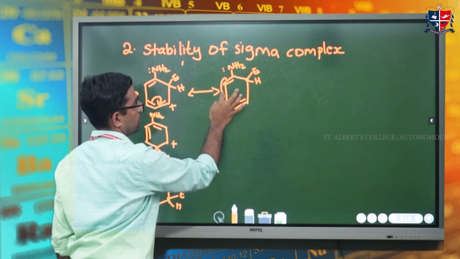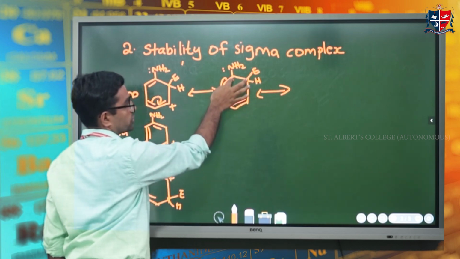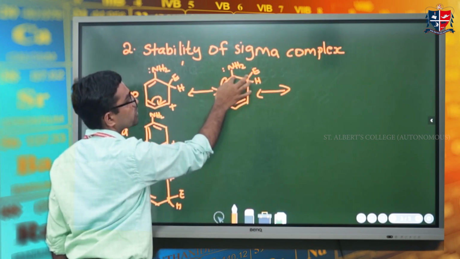Similarly, this comes here, the double bond will be here, the positive charge will be here.